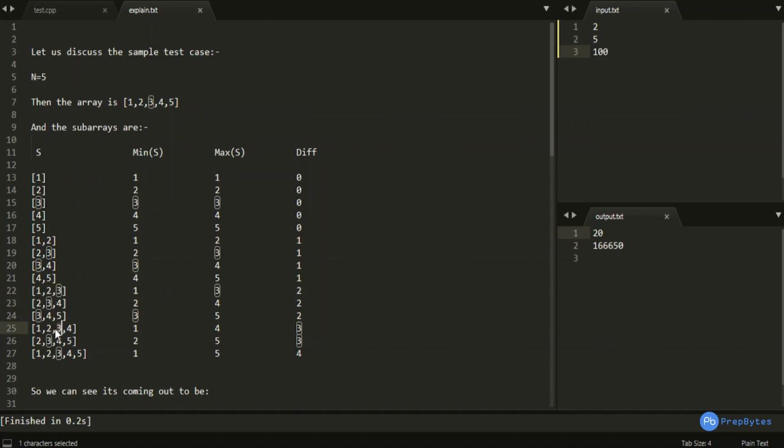For size 4 subarrays, the gap between the highest and the lowest element is nothing but 3, and the gap in the size 5 subarray, which is size equal to n, is nothing but n minus 1, right, which is nothing but 4, because 5 minus 1 is 4.